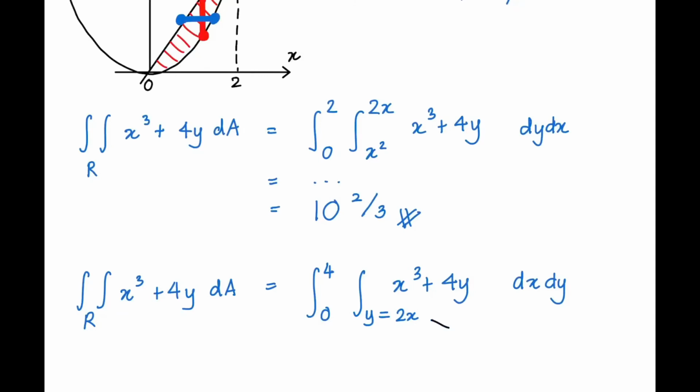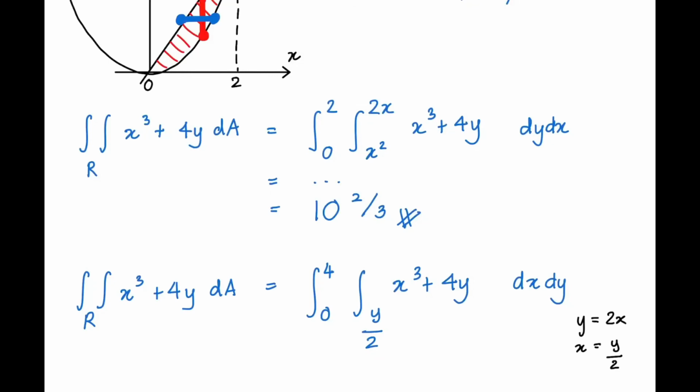So we want to change y equals to 2x. Since we are finding limits of x, x equals to y over 2. So this is going to be your lower limit. So now our lower limit of x is y over 2.